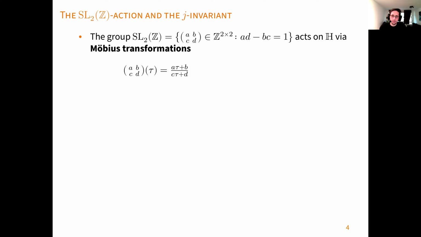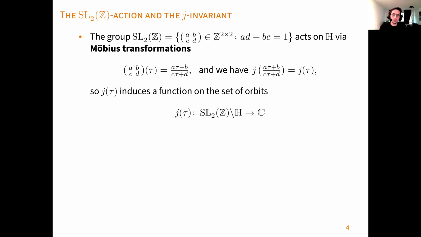And importantly, the j-invariant is invariant under these transformations, meaning that if we plug in the image under such an action, then we get back the same j-invariant as if we didn't apply the action before. Of course, because of this invariance, we can use the j-invariant to define a function on the orbits under this action, meaning that since it is invariant on these orbits, it defines another well-defined function from this orbit set to the complex numbers.